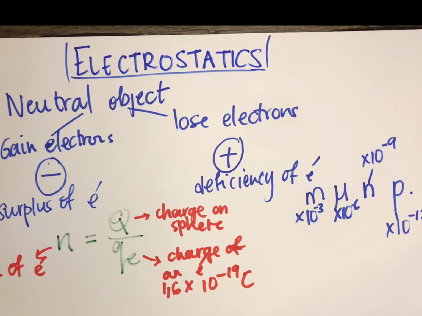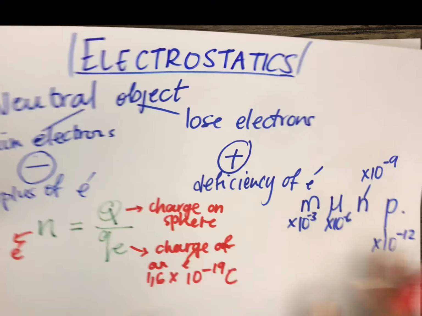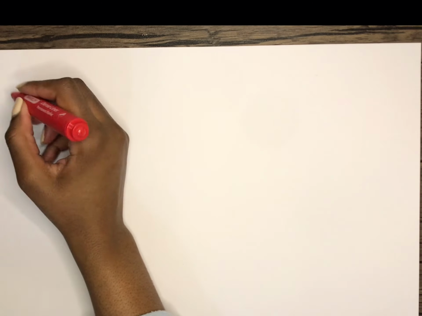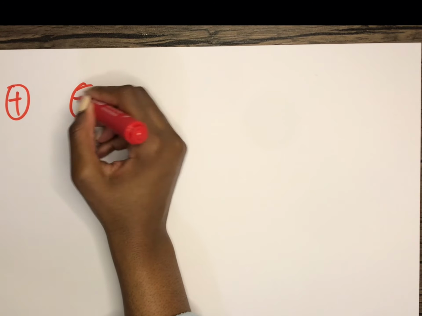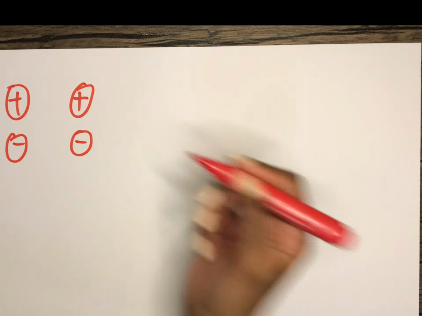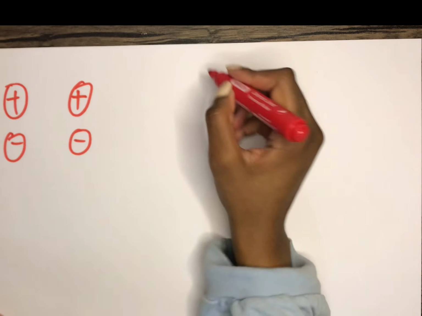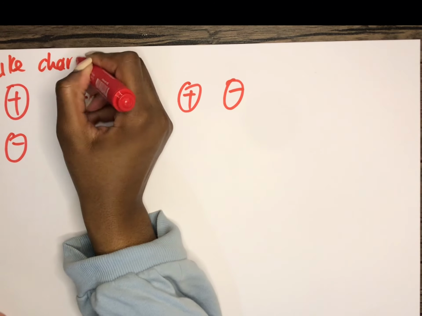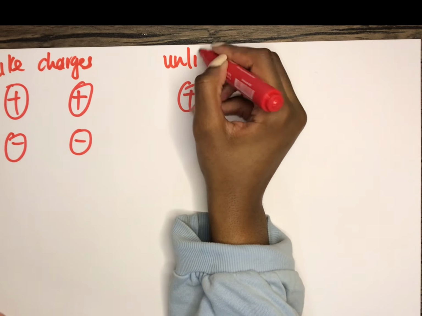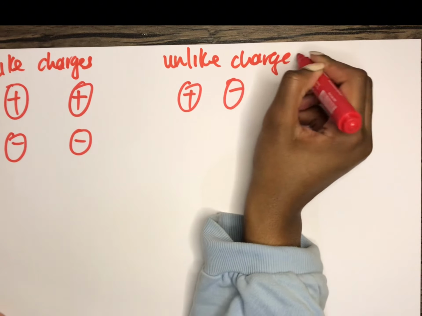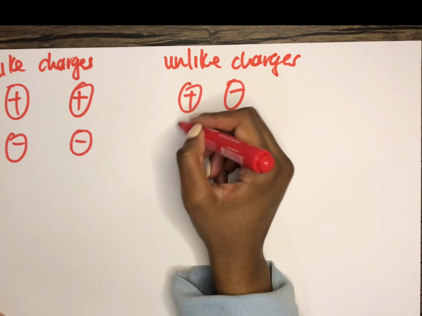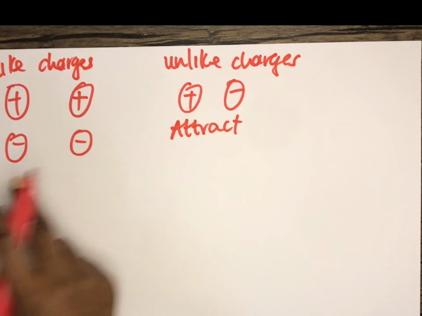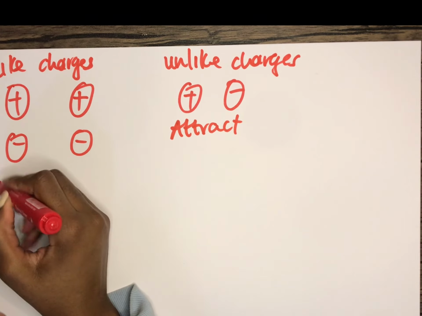We can have what we call like charges, which is either 2 positive or 2 negative charges, or we can have what we call unlike charges. These are like charges, these are unlike, right? Unlike charges attract, and like charges repel.